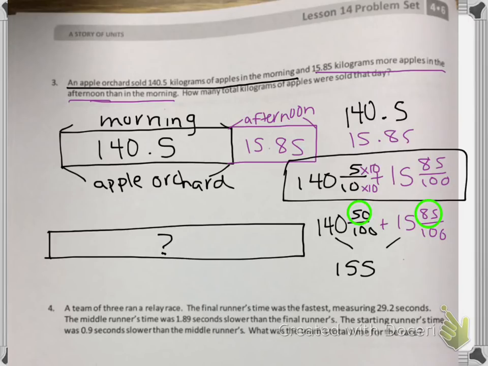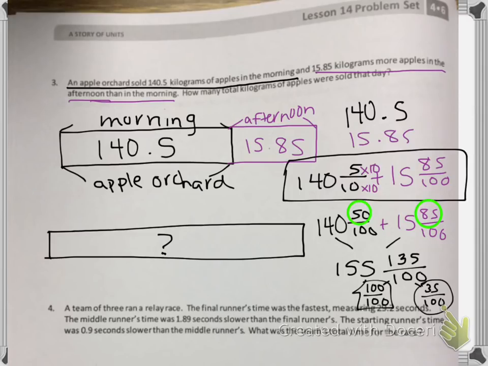It is going to be 135 hundredths. And here's fractions. It's a fraction greater than 1, so I'm going to have to take out 100 hundredths. And I'll have 35 hundredths left over.